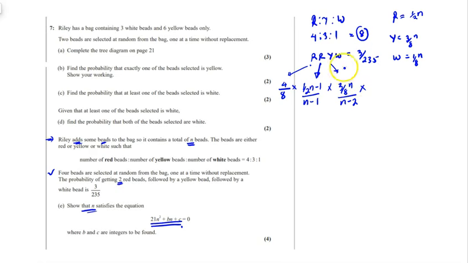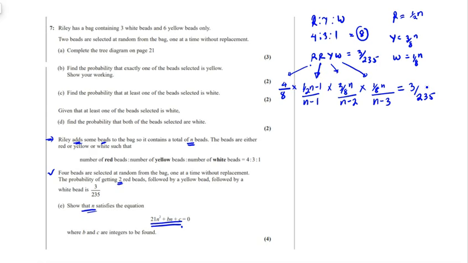To get the white, you have 1/8 of the total, and the beads are now n minus 3. When you multiply all these probabilities, your answer is going to be 3 over 235. That's the algebraic formula you have set up.